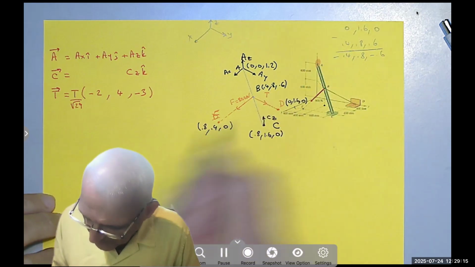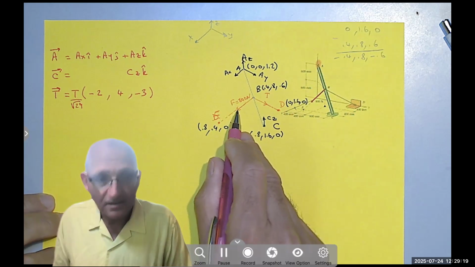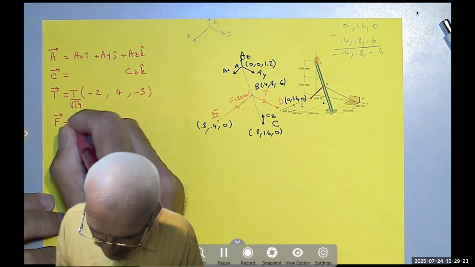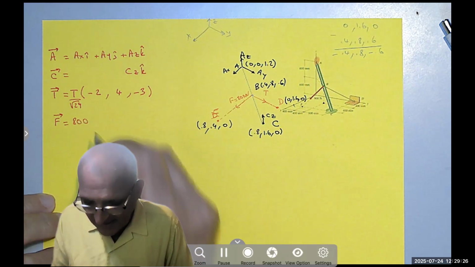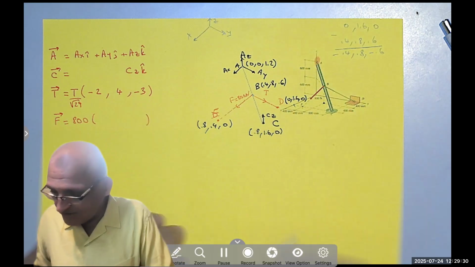Okay, then the only thing remaining is our force, right? This is a known force, so it has a magnitude of 800. And again, I'm going to multiply it by a unit vector. What is the unit vector?